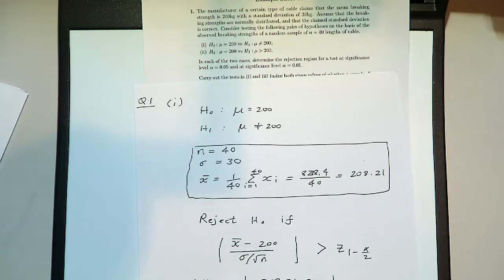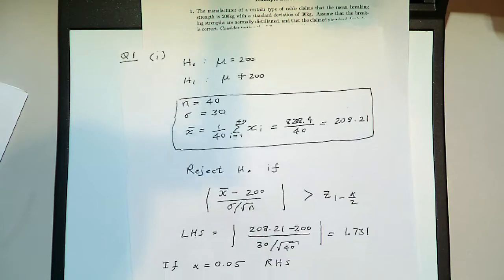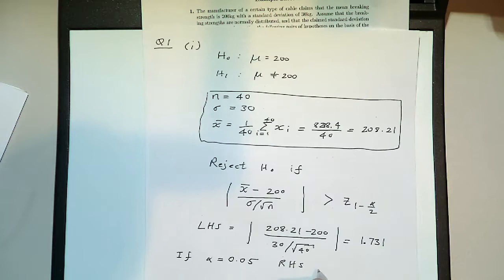If alpha is 0.05, then the right-hand side is at 0.975, which is 1.96.